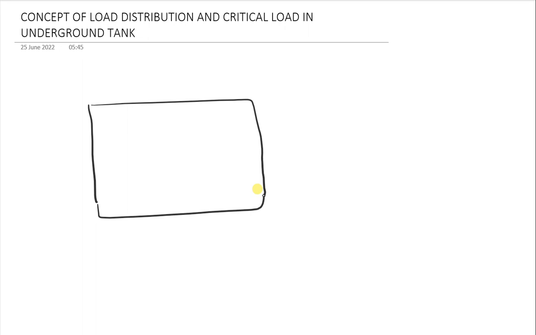To keep this lecture to the point, we will only discuss the tank which has two-way slabs only: all vertical walls, top slab and bottom slab are two-way. So we are discussing only the two-way slab water tank, not the one-way.